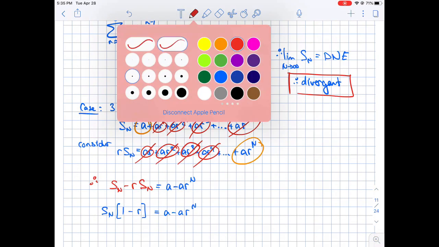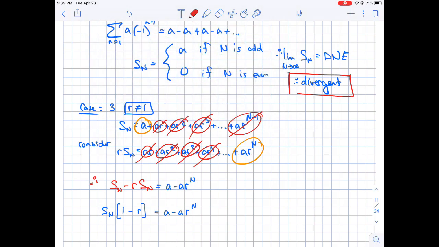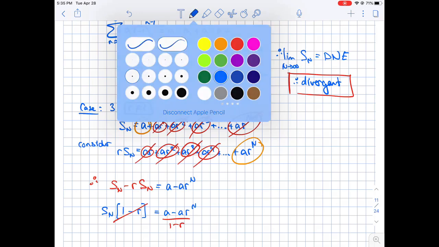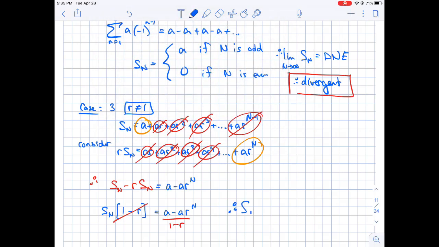And then I can just divide through here by this 1 minus r to end up getting that our partial sum is going to be equal to a minus ar to the power of n divided by 1 minus r. And that's a nice enough formula.